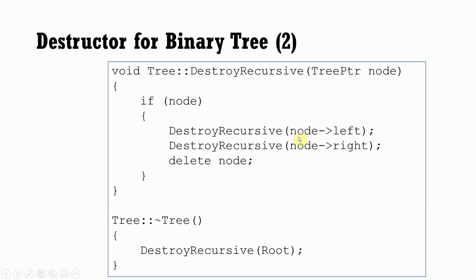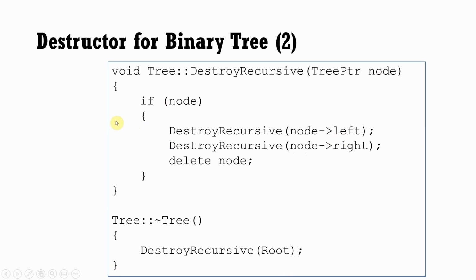If it's not null, it's going to call the same destroy function for the left subtree, or the left child, and then for the right child, and then it would delete the node itself. So it's very similar to what we did for traversal. If you think about it, this is the same as left-right-node traversal, or post order traversal. This is basically what's happening here.